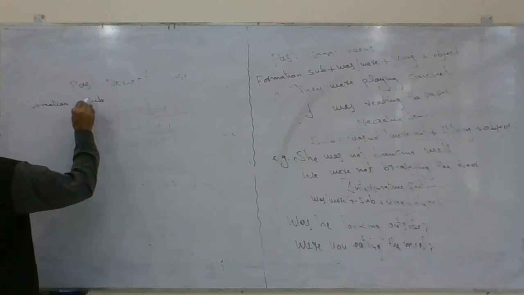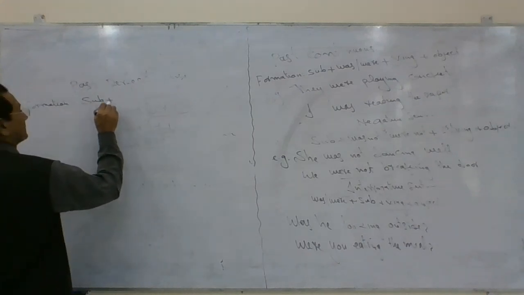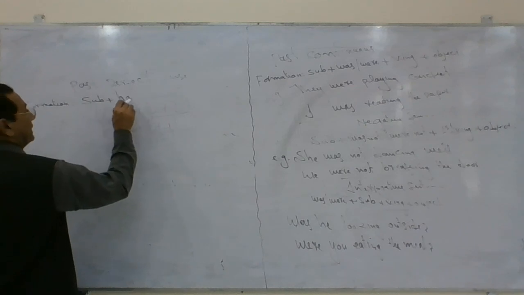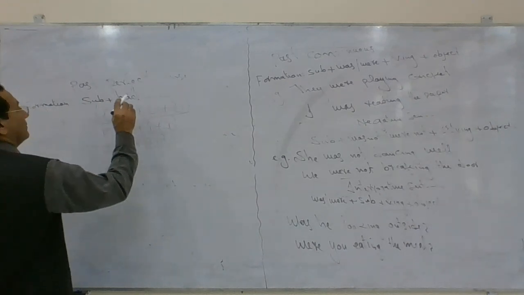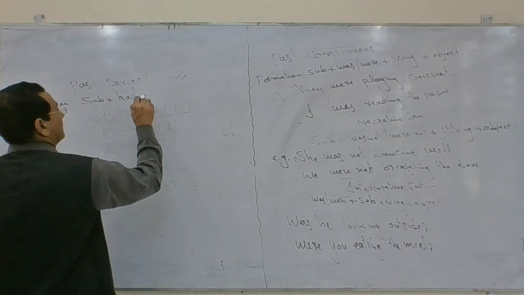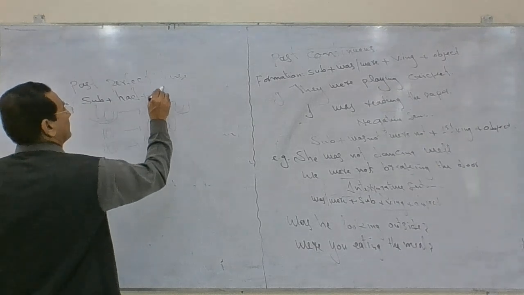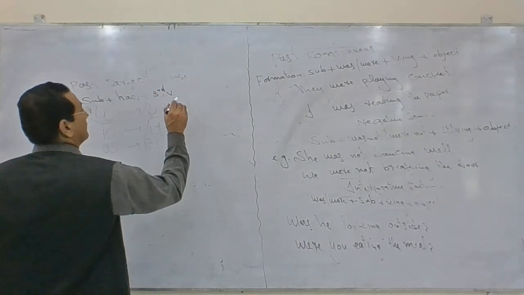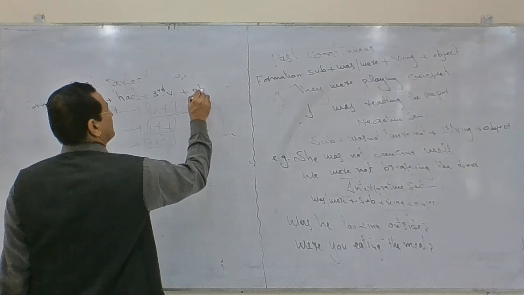Subject in the beginning plus auxiliary verb had, or helping verb had, then third form of the verb and then object.